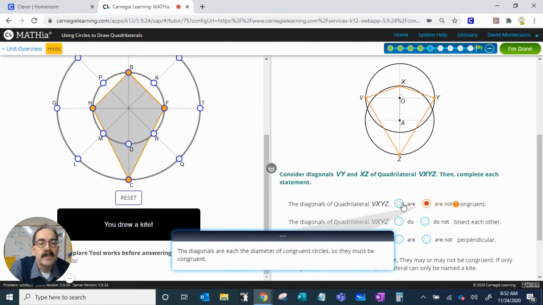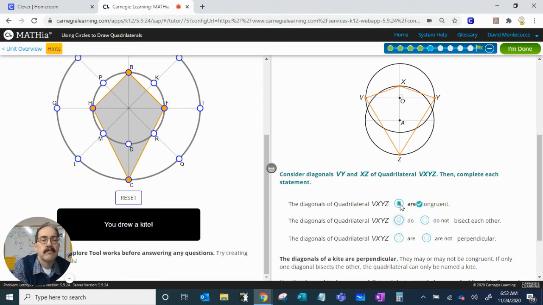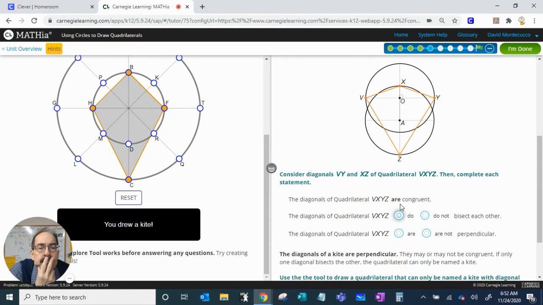The diagonals are V, X, Y, Z. They do not bisect each other.